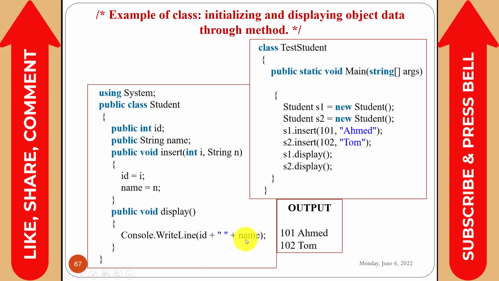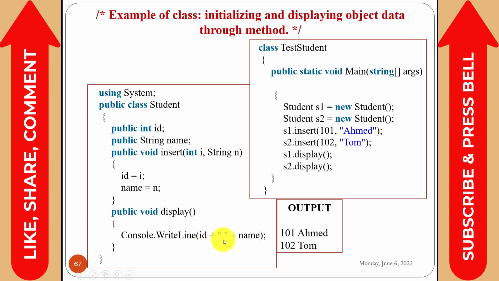So whenever you write s1.display, the id 101 and the name Ahmad will be displayed in the first output. Then s2.display, it will again jump to the display method, and it will receive the values s2.id and s2.name. So that's why you receive the values 102 and Tom.